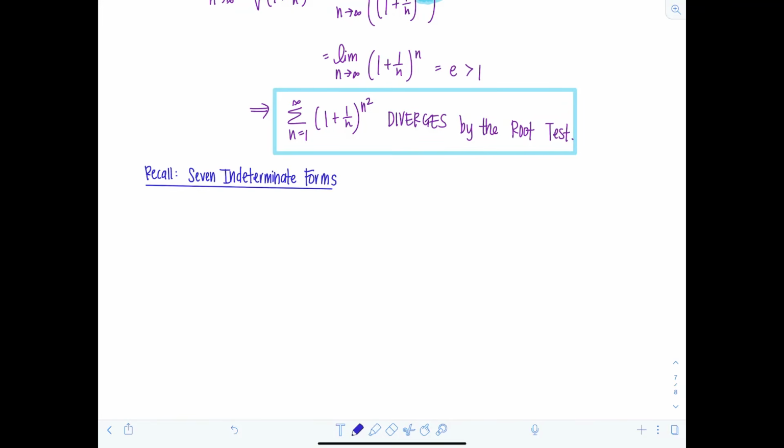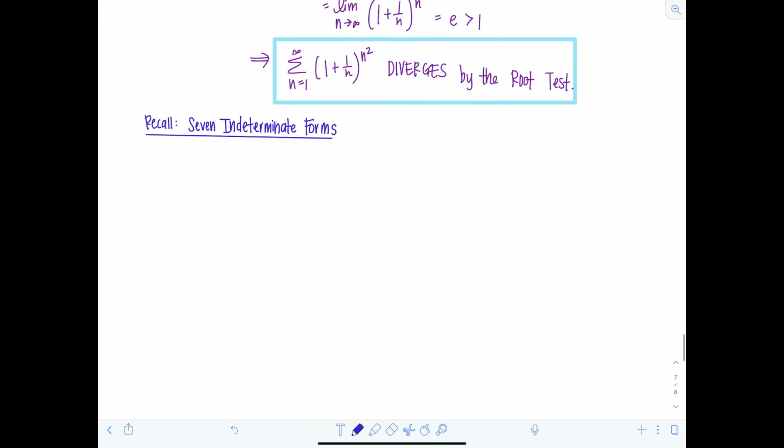All right. The first 2, of the type 0 over 0 or infinity over infinity, are already set up for you to apply L'Hopital's rule. If you have the type 0 times infinity or infinity minus infinity, you need to rewrite these somehow so that you can apply L'Hopital's rule, usually.